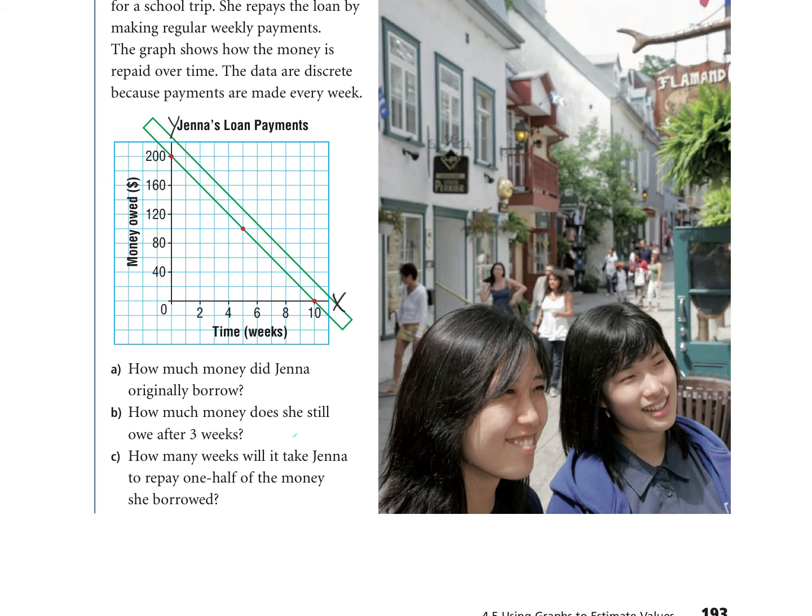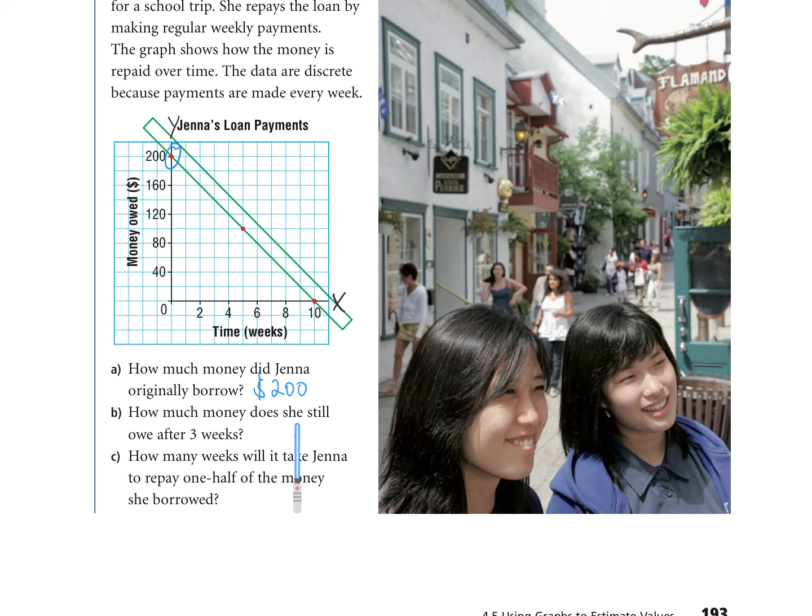It's always this way. We call this the time axis because it represents time, and this the money axis because it represents the money. So when the time is 0, she had $200. So she originally borrowed $200.